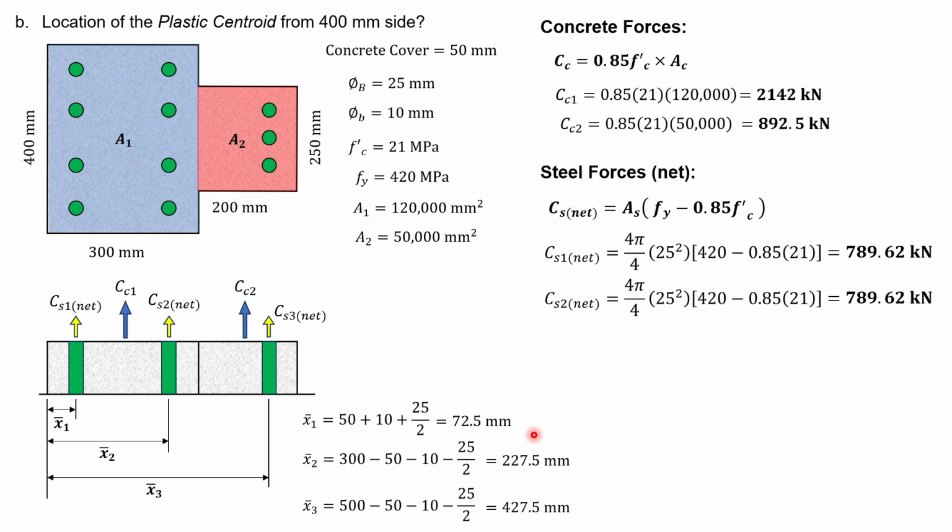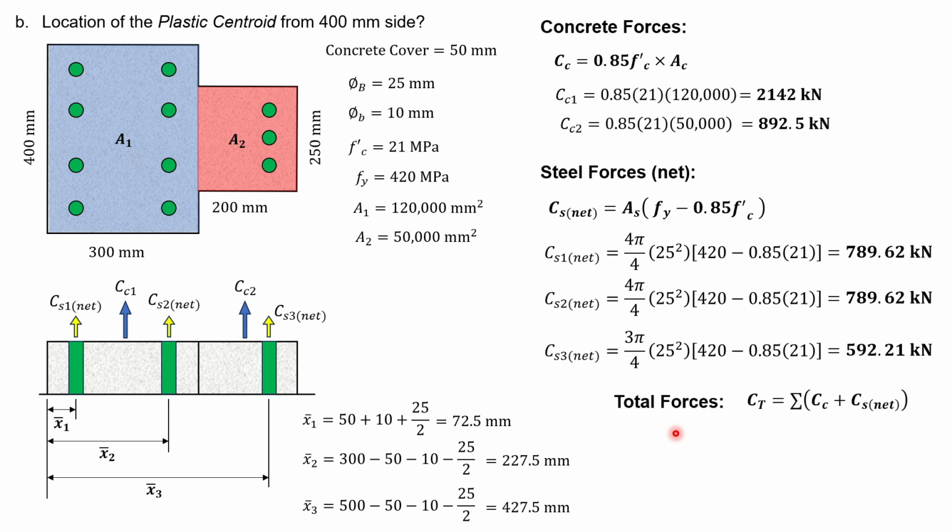Then finally, for the C sub S3 net, now this time ang multiplier na lang natin ay 3 dahil meron lang tayo ditong tatlong bakal. 3 pi over 4, 25 mm square times 420 minus 0.85, 21 divided by 1,000 to make it kilonewton. Finally, we have 592.21 kilonewton.